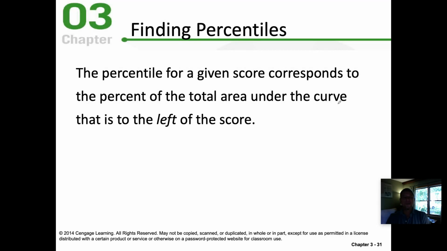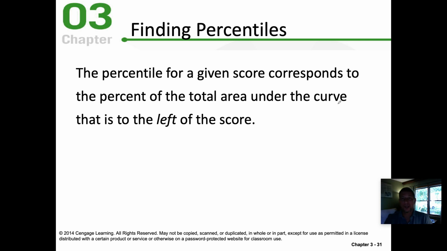Now, one of the reasons that we look at percentiles is because the percentile for a given score corresponds to the percent of the total area under the curve that is to the left of the score. Obviously, the left of the score is going to be every value that's less than the score.